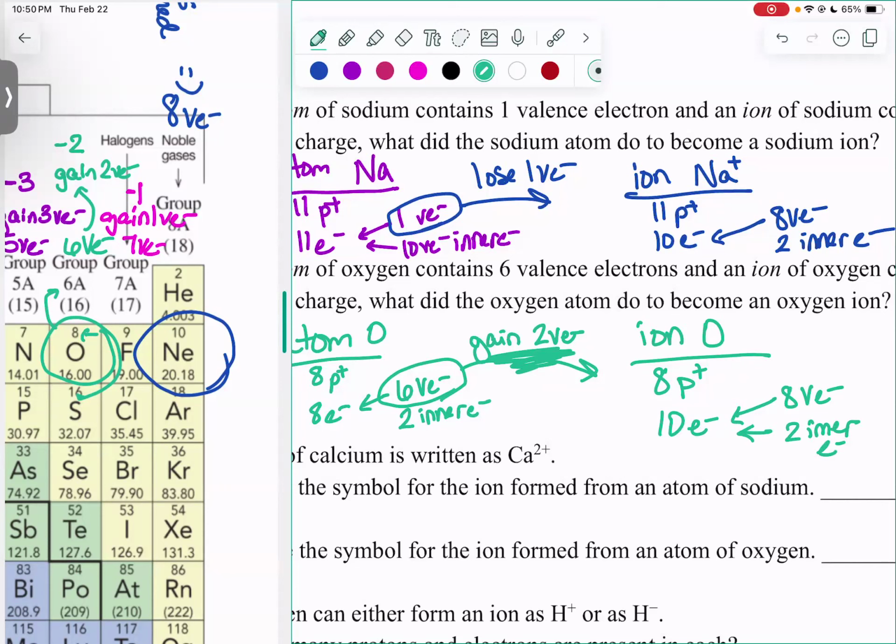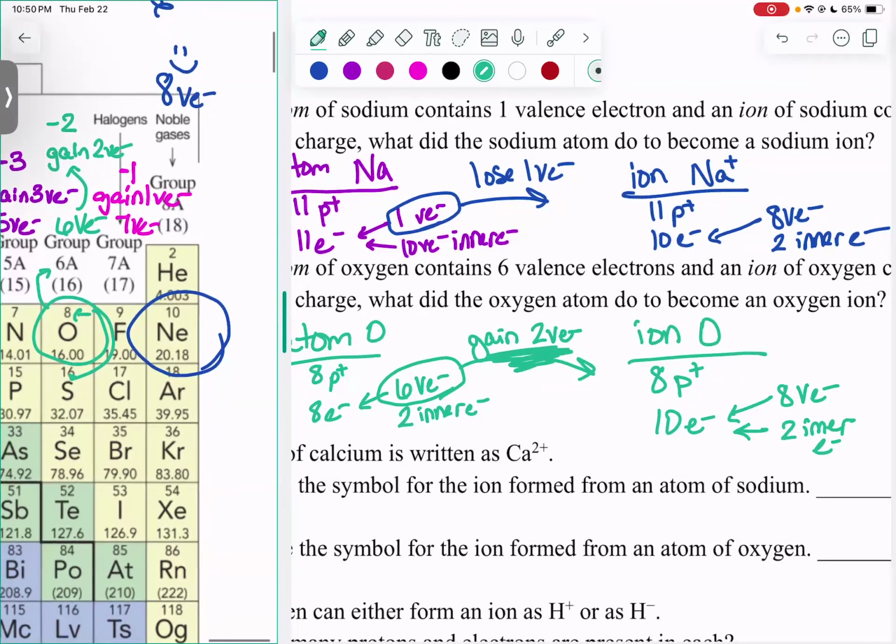What does it look like? Well, if I'm oxygen and I go from 8 electrons to the atom that has 9 electrons, I look like fluorine, but I didn't just gain 1, I gained 2. So now I have 10 total electrons with 8 valence, and I look like neon.